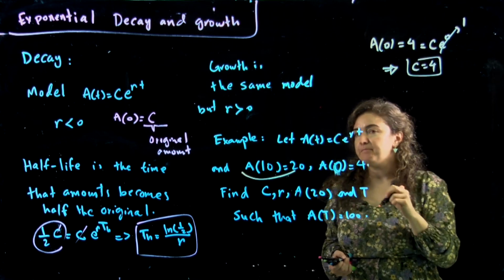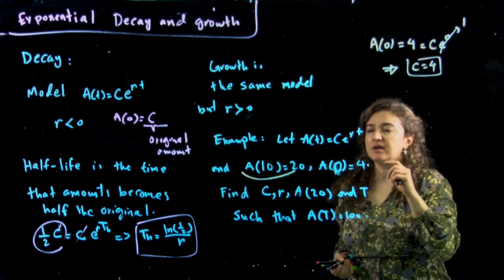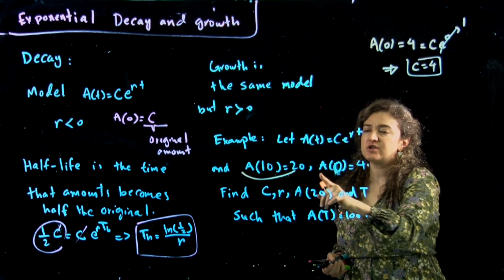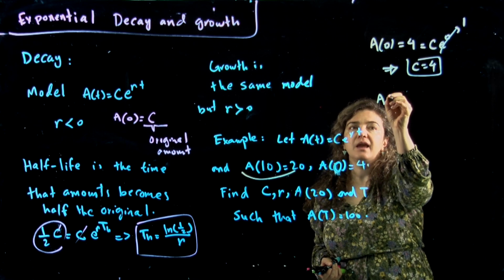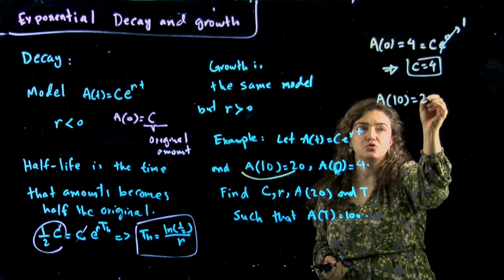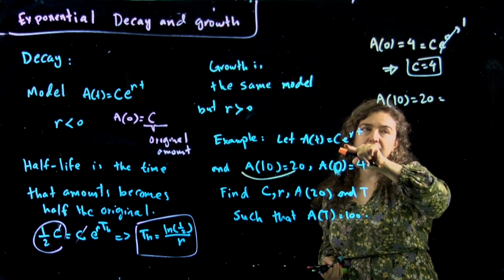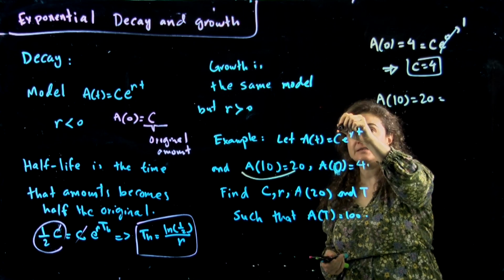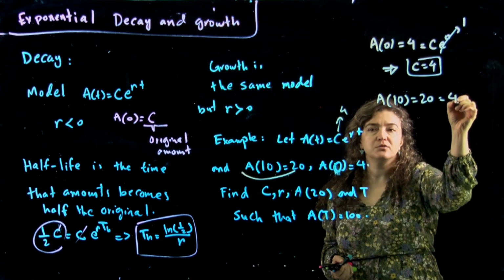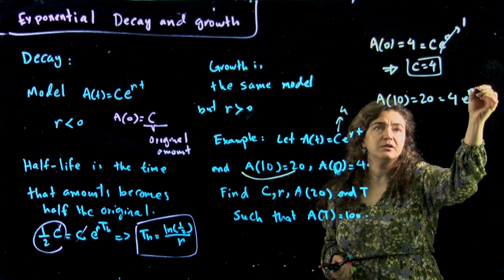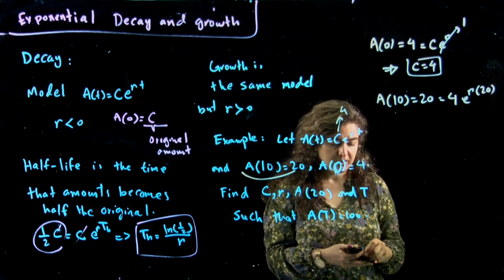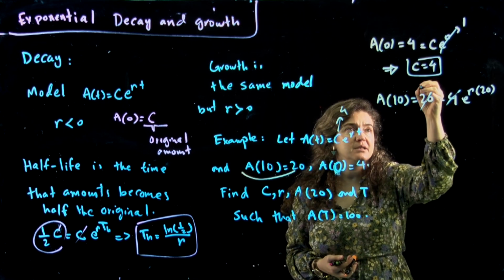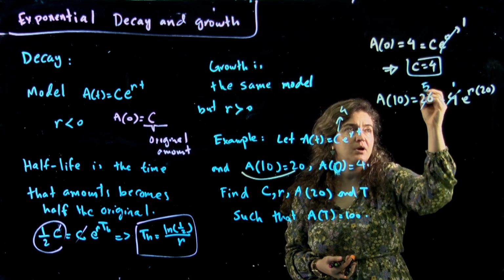We found c. Now let's find r. The other piece of information that I have is A(10) is equal to 20. Now I have c equal to 4, so I plug it in: 4 e to the power r times 10. The only variable is r. I simplified this side to get 5, this side 1.